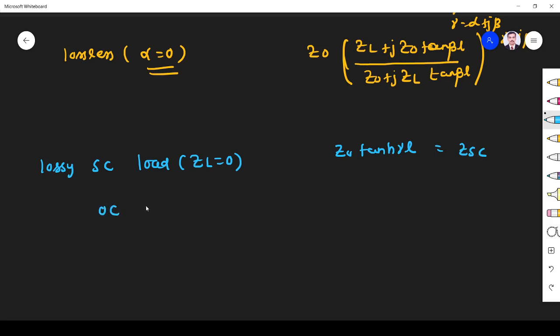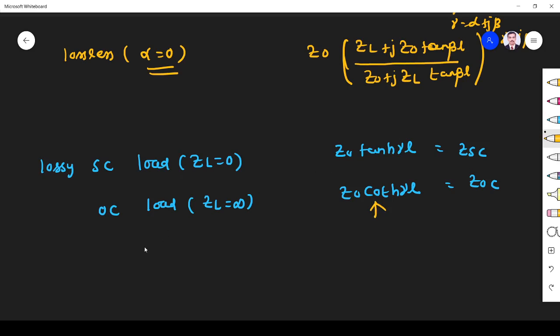Then lossy open circuit load. Open circuit load means our load is open, that is impedance is infinity. So that is given by Z0 coth gamma L. So I can write as ZOC. If you have any doubt how to remember, you see open means cot, O to O. Short means tan, right? So O to O you remember, short we can write as tan.